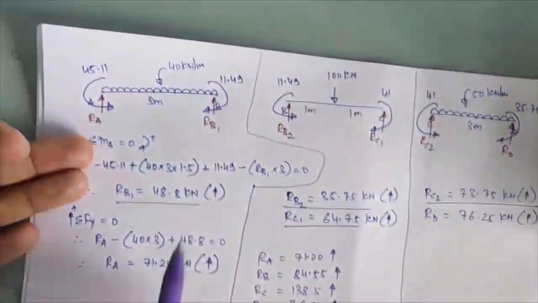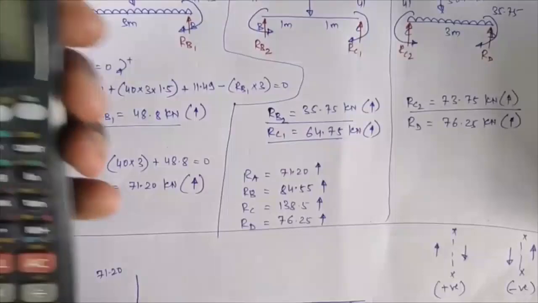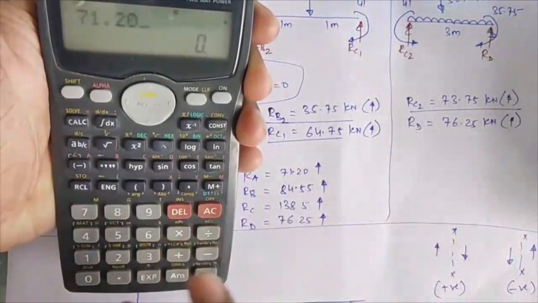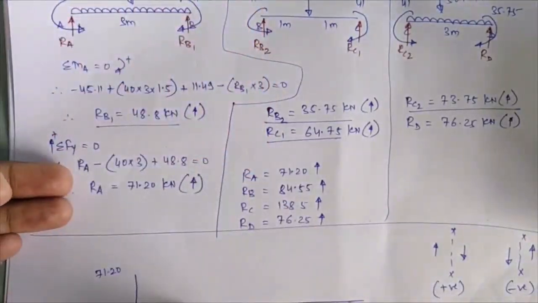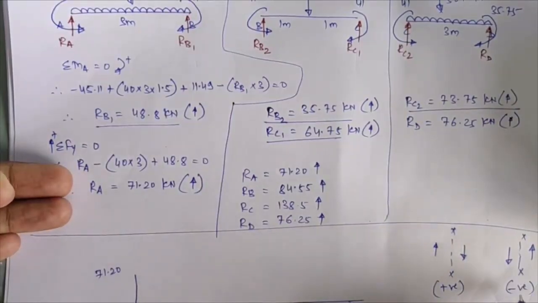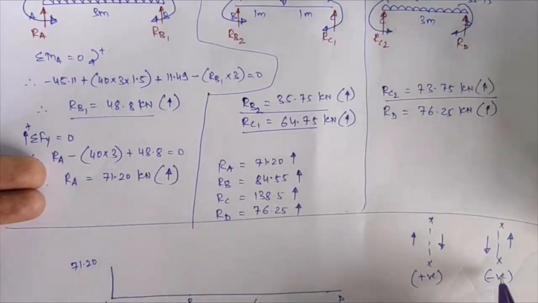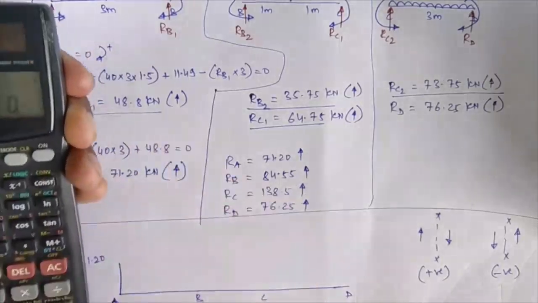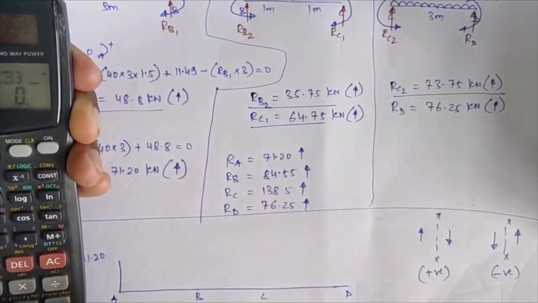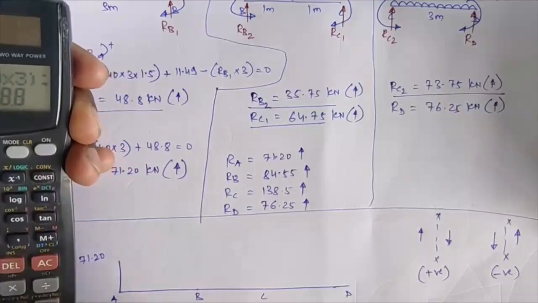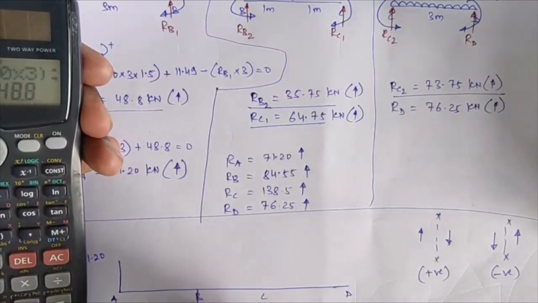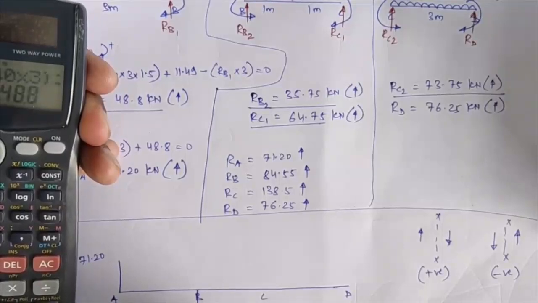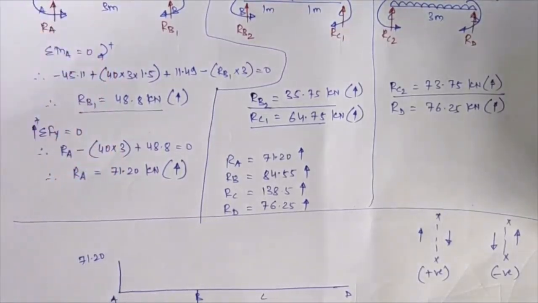UDL intensity: 71.20 minus, to the left hand side of this section forces going downward are treated as negative, so the UDL is treated as negative, minus UDL, which is 40 into 3. So I get the shear force on the left hand side of B equal to 48.8.